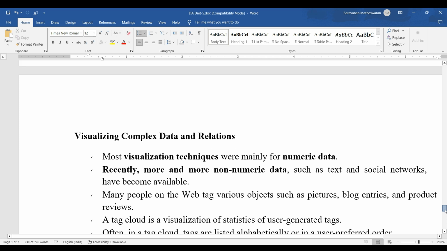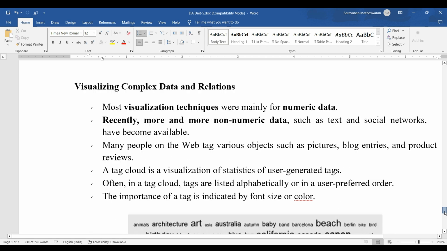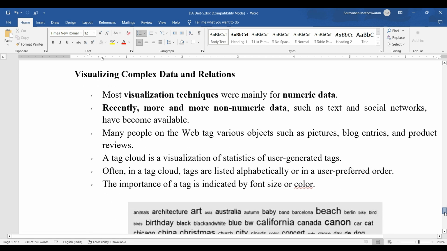Next comes visualizing complex data. Most visualization techniques were mainly for numerical data. Recently, more non-numerical data such as text and social networks have become available. Many people are using web tags for various types of pictures, blog entries, and product reviews.